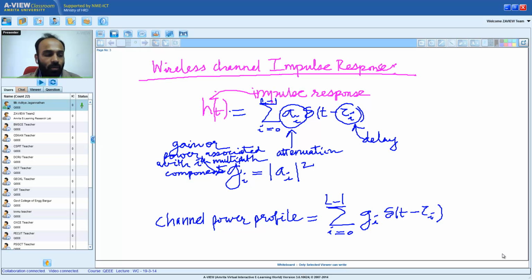What is the channel power profile? The channel power profile simply says that there is a multipath component of power G i at delay tau i.